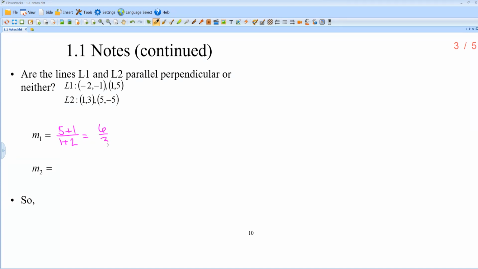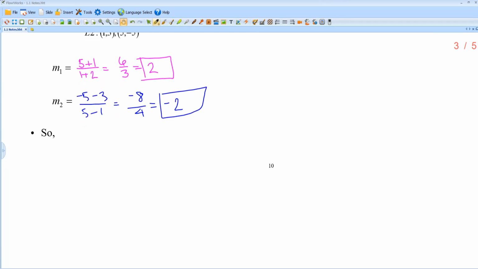That gives me 6 over 3, which is 2. Then I'm going to find the slope of the second line. So I'll have -5 minus 3 over 5 minus 1, which is -8 over 4, which is -2.